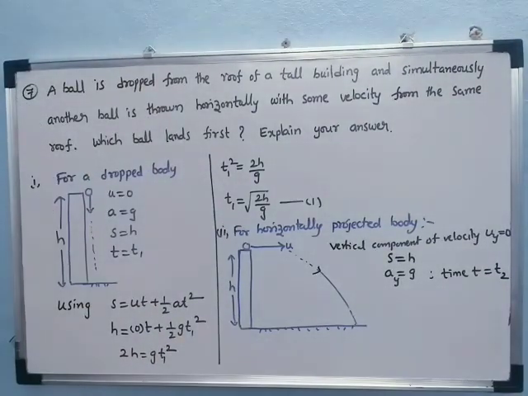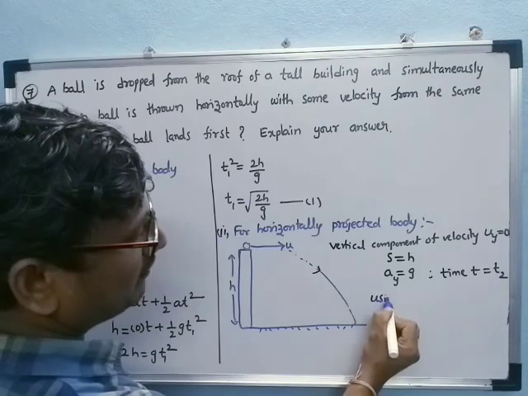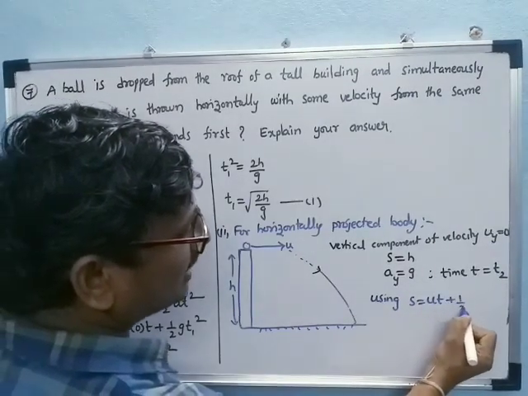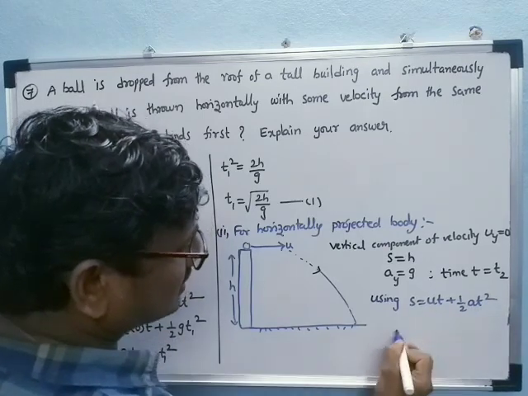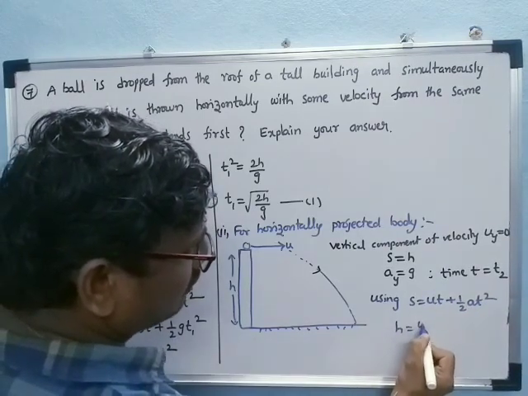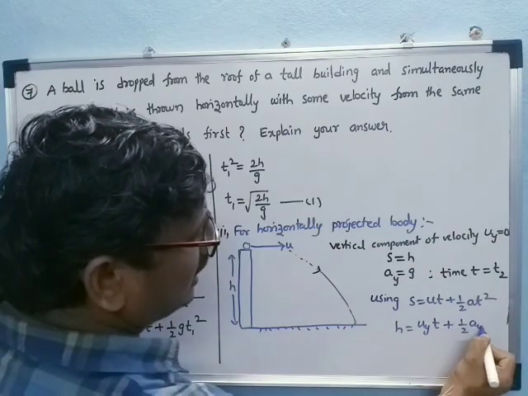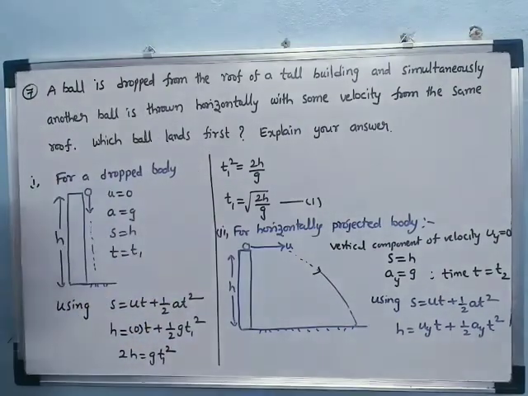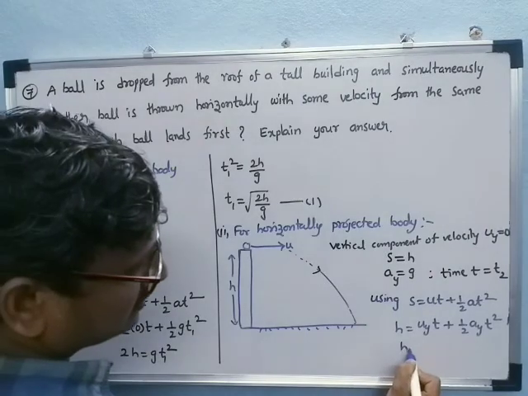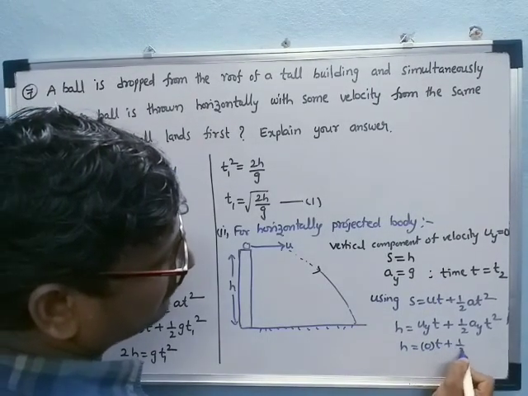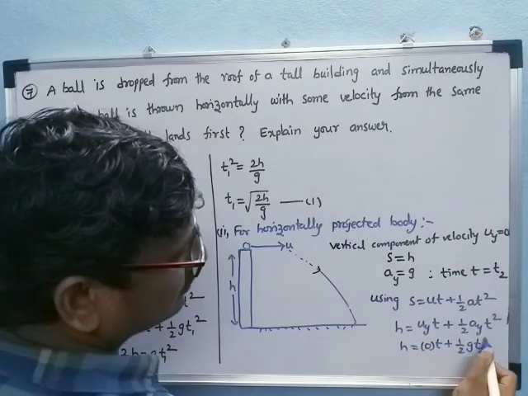Again using which formula? s is equal to ut plus half at square, where s is equal to h and u is equal to the uy component. Then h becomes 0 into t plus half g into t2 square.